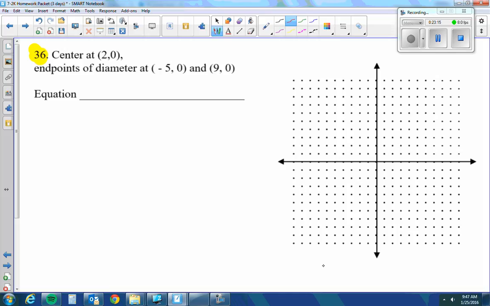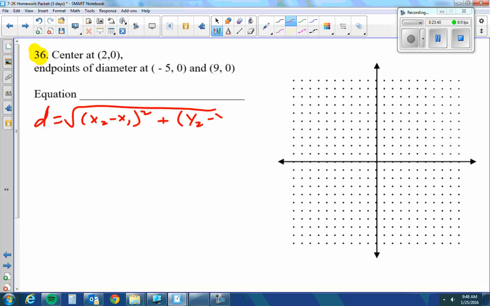Now, number 36 is too easy. I'm just going to forewarn you. They could have a problem like this in the test or on the quiz, where they give you 2 endpoints of the diameter, and you have to do a lot more work in here. So just write these formulas down. Because if you want to write the equation, you need the center and you need the radius, right? Well, if you found the distance between these points, normally you do distance formula to find distance between 2 points.